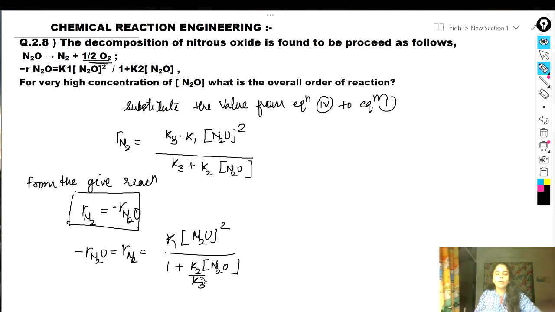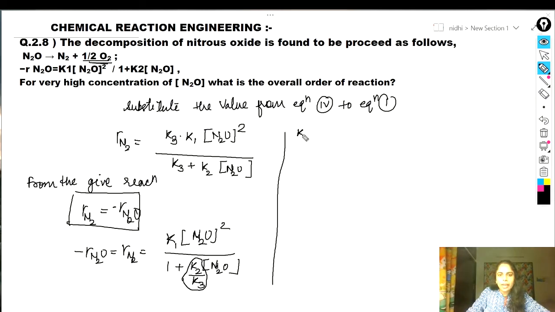This K2 upon K3, I have already explained to you, it is a mathematical number which you get from the experiment, right? So it is a quantity, so you can replace this by anything. This is a constant quantity. Okay, so in place of small K2 upon K3, we can substitute K2, right?